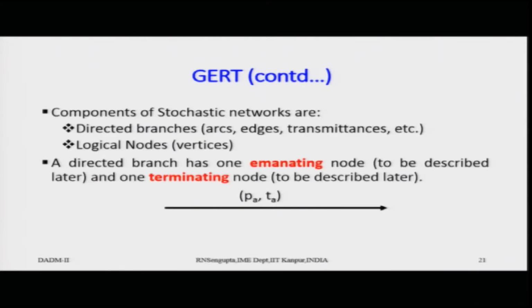So, the components of the stochastic network: if you are coming to the GERT network, each path you take will basically have a probability which I will mark.